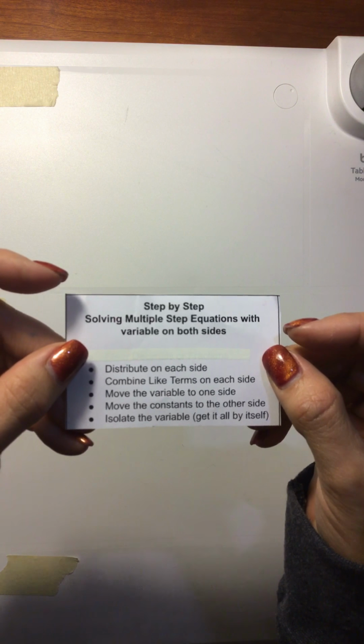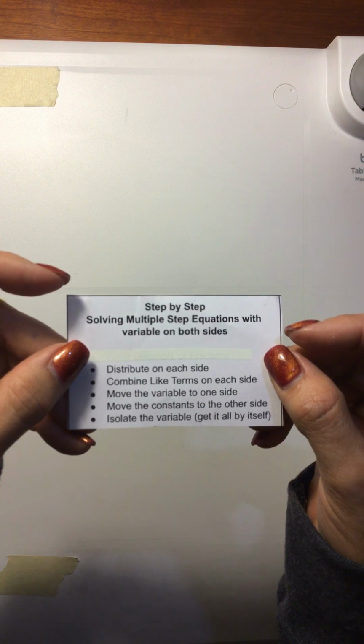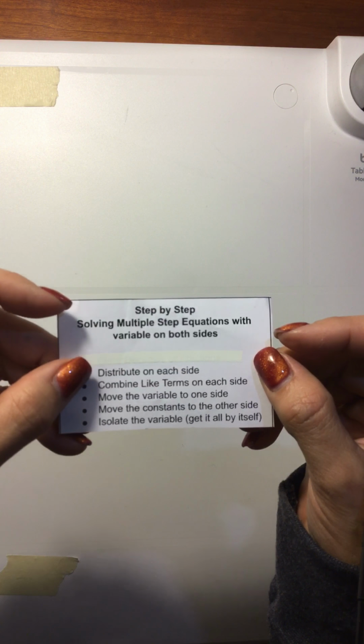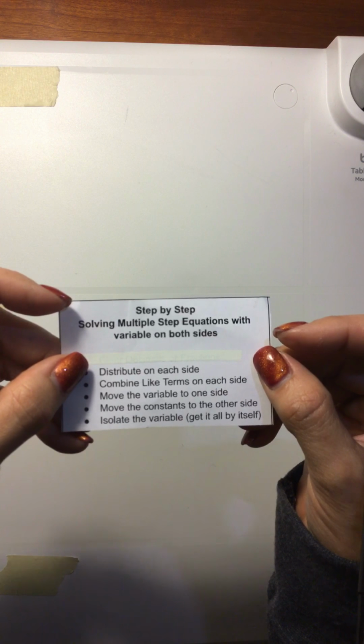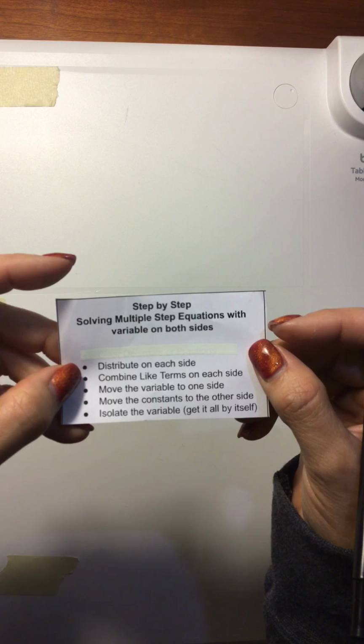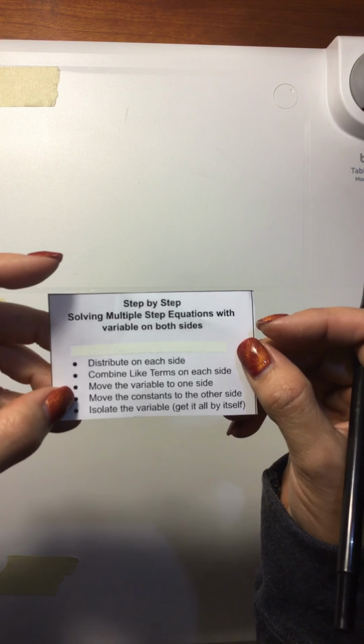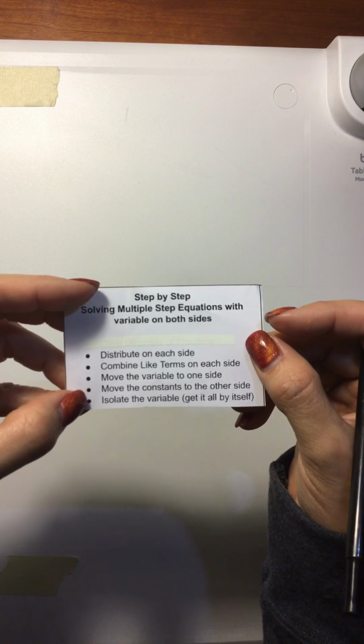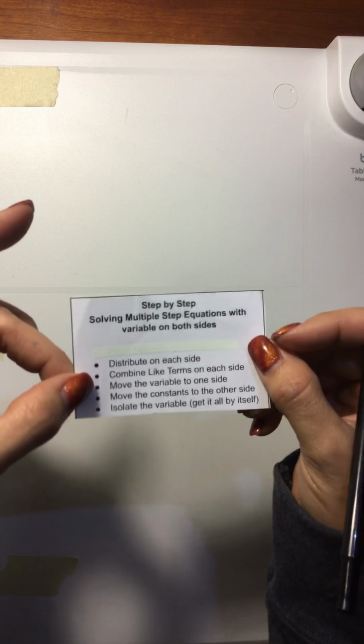So this shows that there are a couple other things, and these are the steps that you would go to. So if there was some distribution, you would distribute on each side. If there were any combining like terms, you would take care of that on each side first, and then you start moving things. Okay, so let me show you some examples, and you can use this for your homework too.